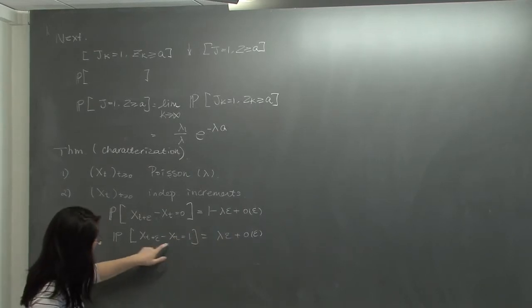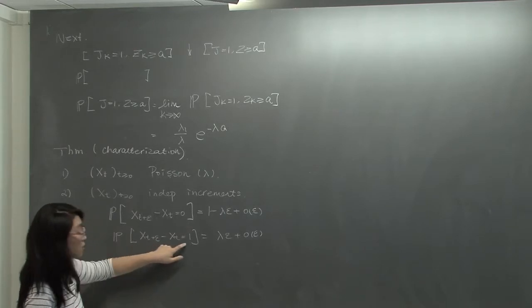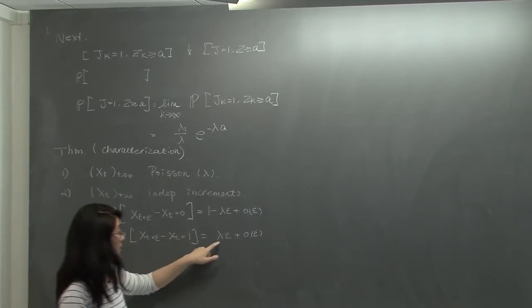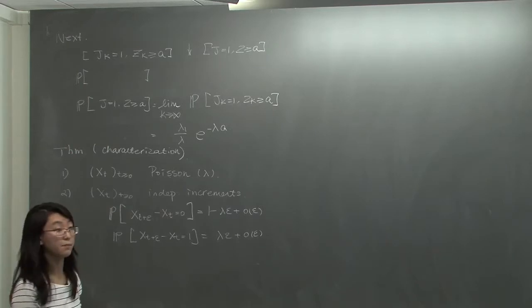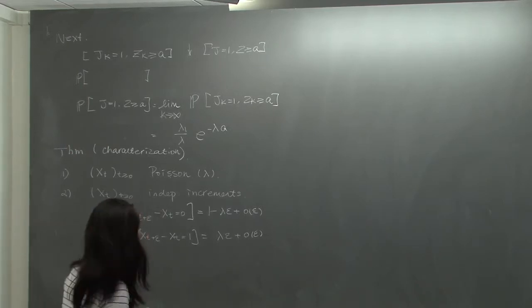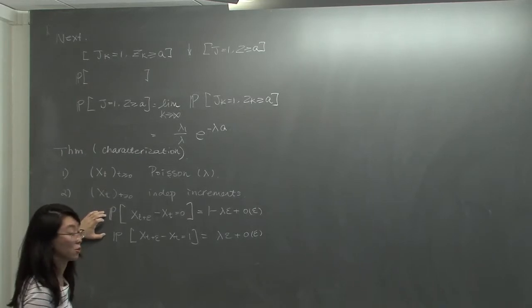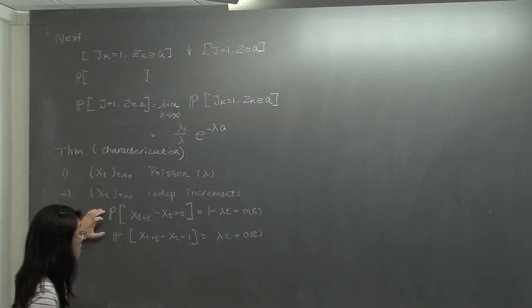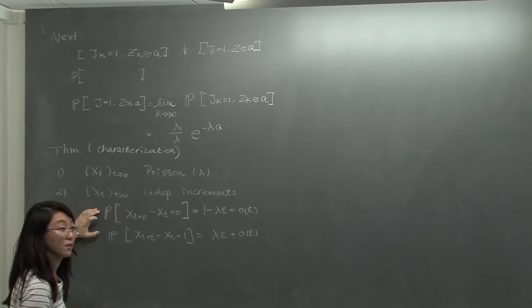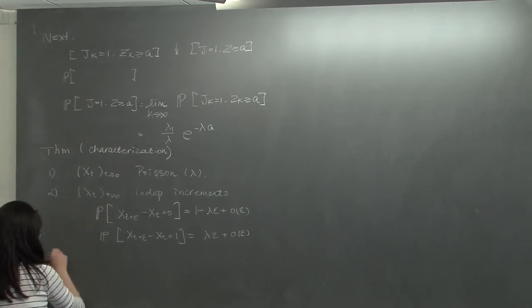And then the probability that between t and t plus epsilon there is only one jump decays like lambda times epsilon. So this is the second conclusion. To check these two probabilities, it's much easier than calculating explicitly the law of Xt.